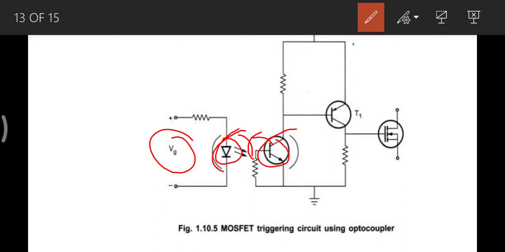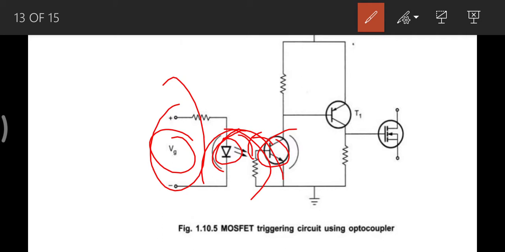Hence the MOSFET turns on. When VG is equal to 0, that means the switch is off, there is 0 voltage through the photo transistor, and no light falls on the photo transistor.